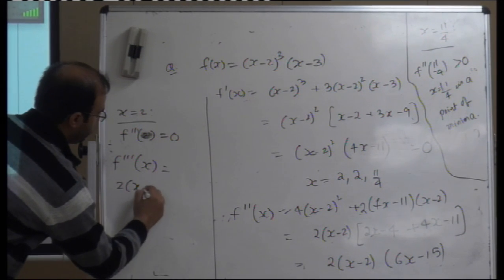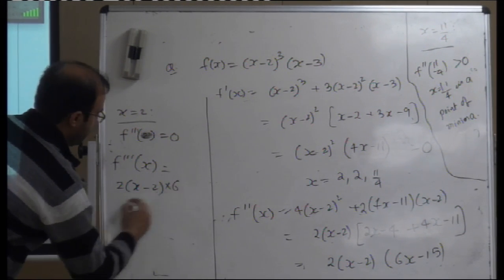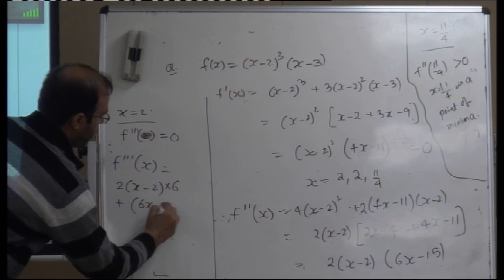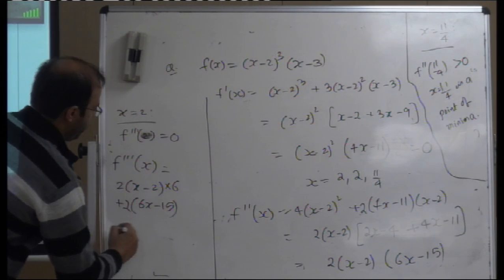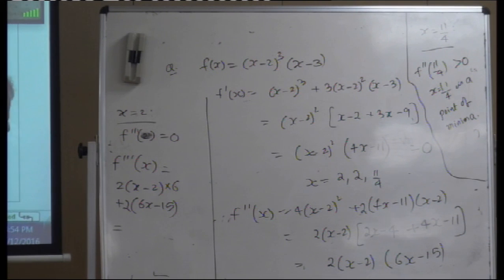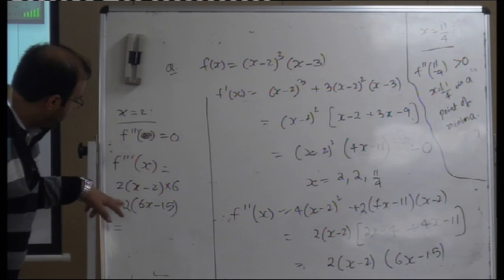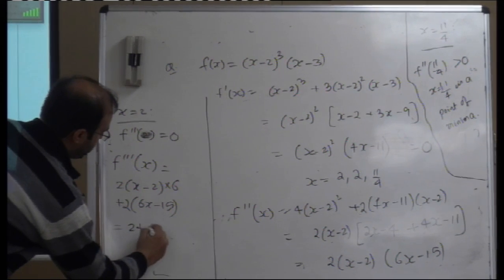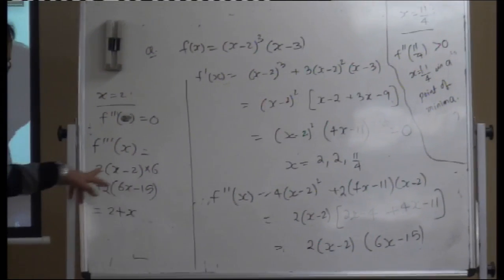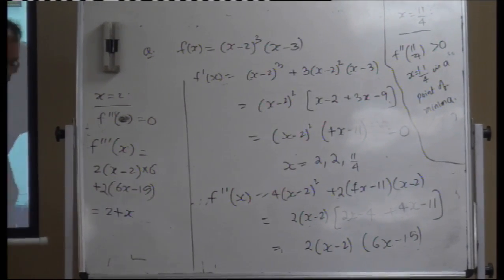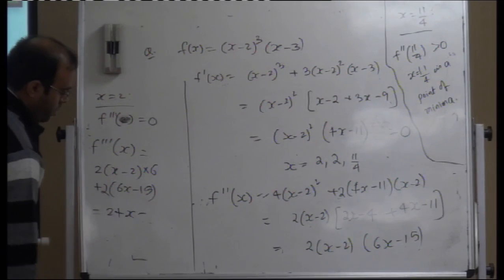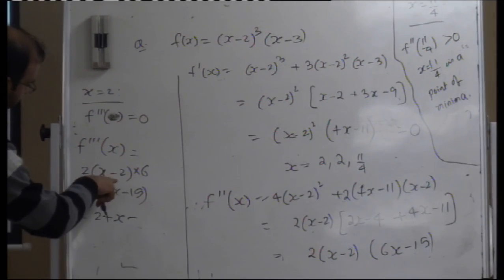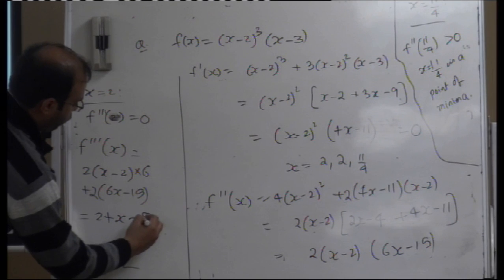2x minus 2 into 6 plus 6x minus 15 into 2, or x, that part is 1, and then what you will do, this would become 12x plus 12x, that would become 24x, and this would become 24 minus 30, that would become, this would be 24 and then 30, that is 54, right?